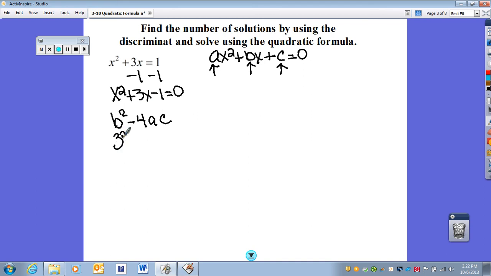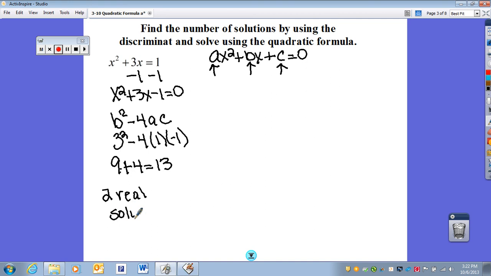We're going to square the 3 minus 4 times a, which is 1, times c, which is negative 1. So we have 9. Negative 4 times 1 times negative 1 would be a positive 4. So that means that our discriminant is 13. So we will have two real solutions for this particular quadratic function.